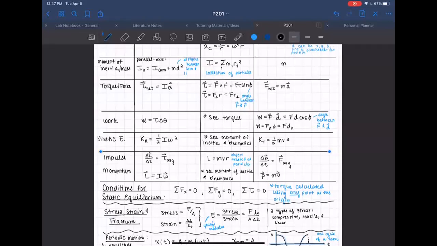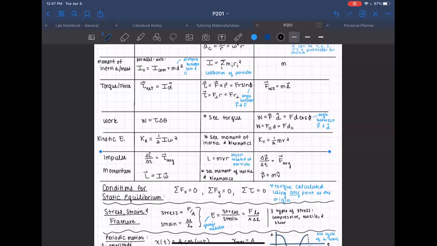Because the only other things that you really need to know are conservation in collisions, and that you would set initial equal to final if there's no external force. For me, I could get away with just having those two equations, and I know that I would be okay. But if you're a little less comfortable with knowing exactly how to apply those equations, I would definitely put a little bit more for that momentum stuff.